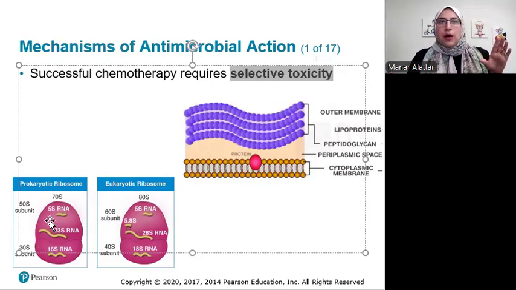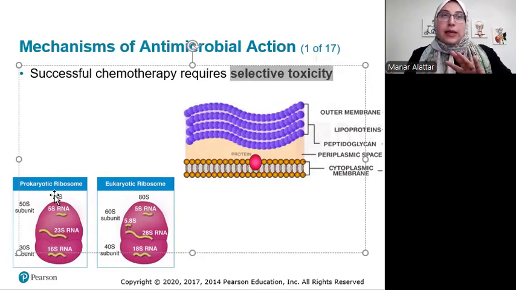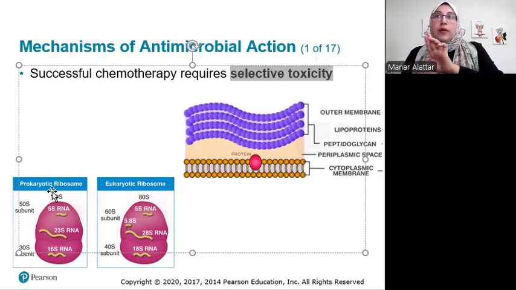The structure of prokaryotic ribosomes and eukaryotic ribosomes is different in both subunits. And so when you have a chemical or an antimicrobial that targets ribosomes, then it's a little bit more selective because it's less likely to impact, although there's still sometimes some overlap, but it's less likely to impact the host ribosomes since our ribosomes are structurally different from prokaryotic ribosomes.